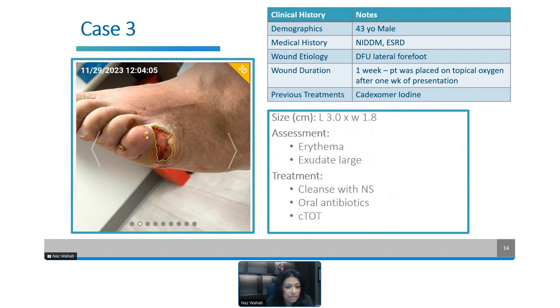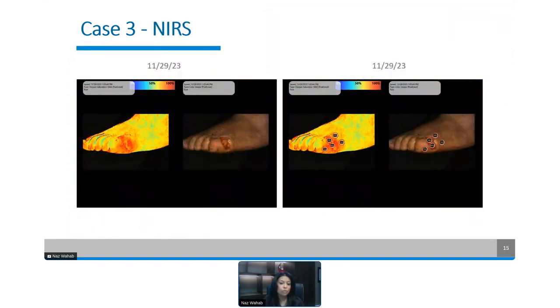I remember somebody earlier in Dr. Serena's presentation asked, does anybody use it for a relatively acute wound? Even though this is a diabetic and we know that they move to a very chronic state very quickly, this was 1 week. We had captured it because he was already a patient of ours for another wound, and so we placed the topical oxygen quite quickly, within 1 week of the presentation of the wound.